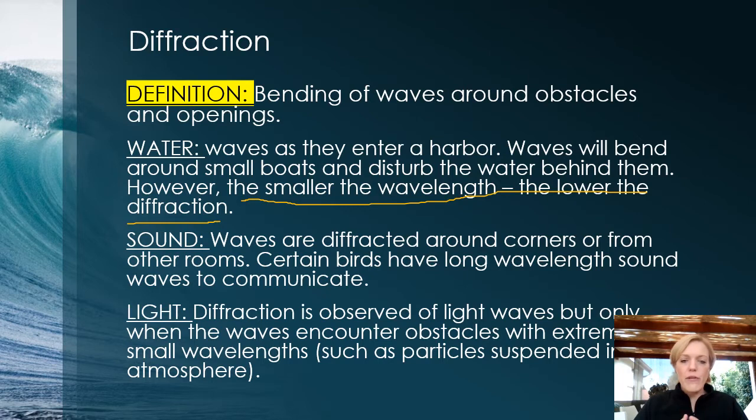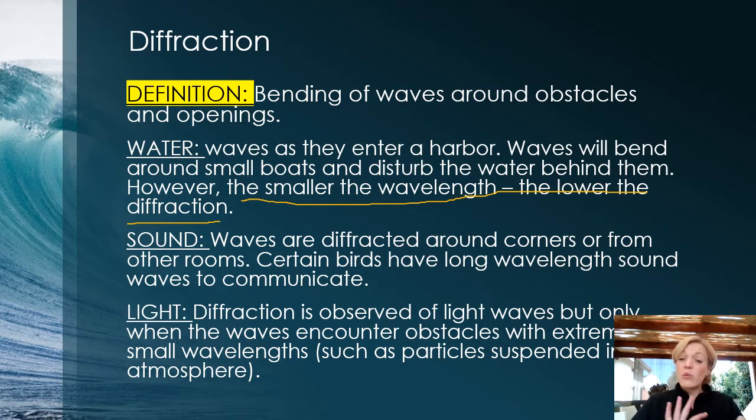Light, as I said before, diffraction is observed of light waves, but only when the waves encounter obstacles with extremely small wavelengths, okay? Such as the particles suspended in the atmosphere. Why is that? Because light has small wavelengths but high frequency, okay?